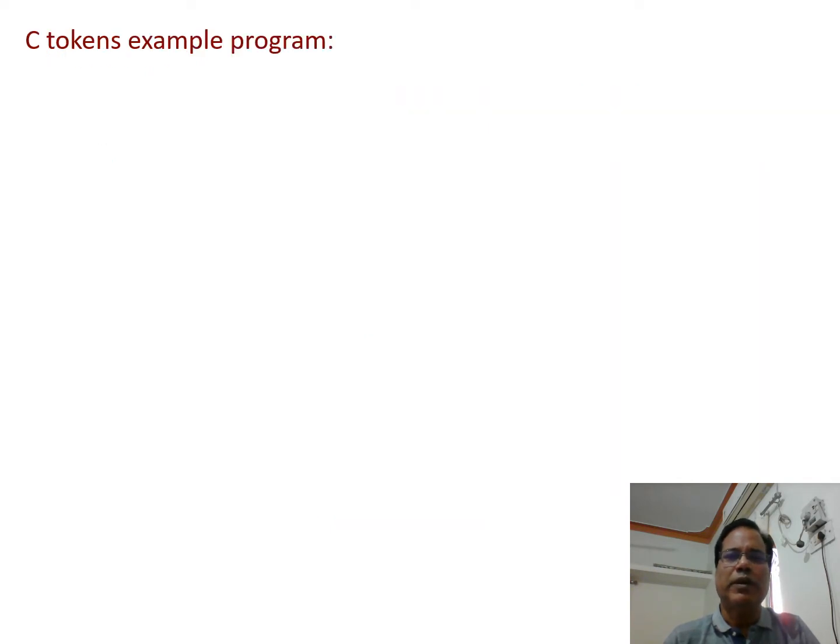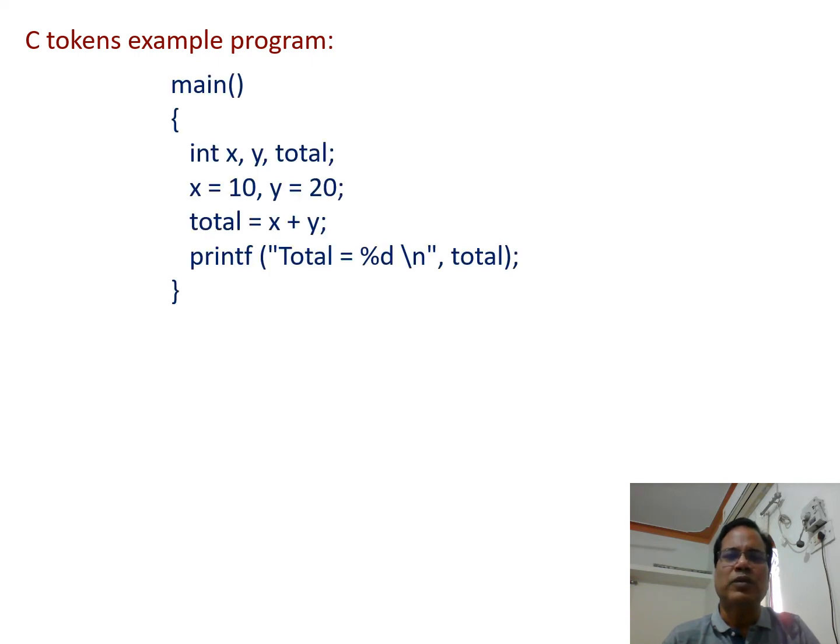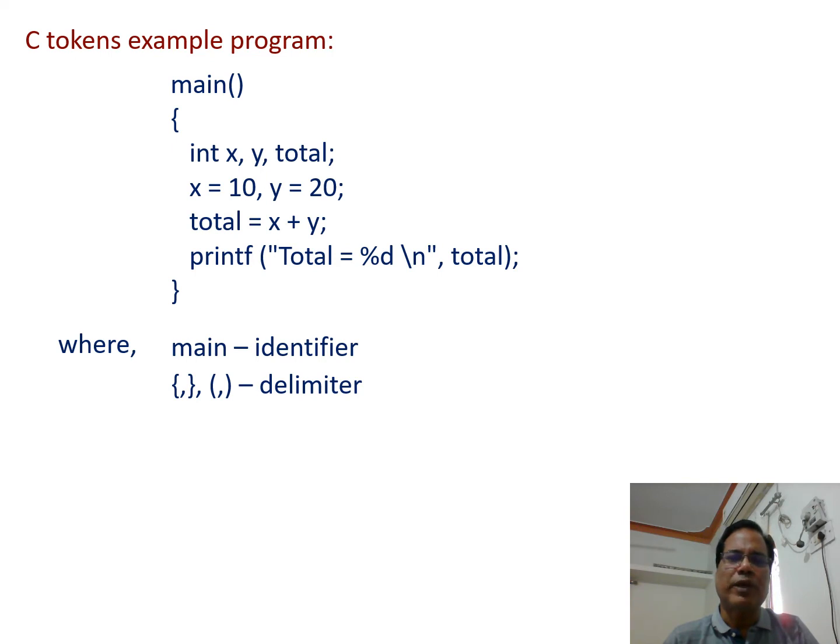Now let us see a program, and in this program we will try to understand examples of C tokens. Suppose this program is given. In this program, main is the identifier as it is the name of the function. The open and close curly braces and the open and close parentheses are special symbols.